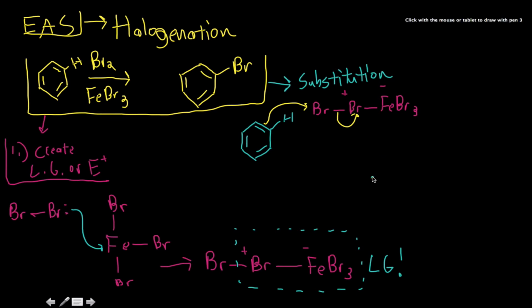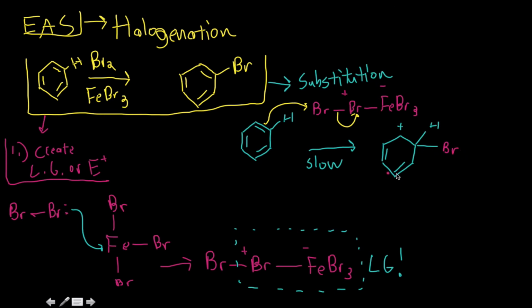And what we get out of this reaction, and I want to make a note that this is very, very slow because you're disrupting aromaticity, is a carbocation there. There's still a hydrogen there, but we've had something new attached to it. What we have now attached to it is a Br group.